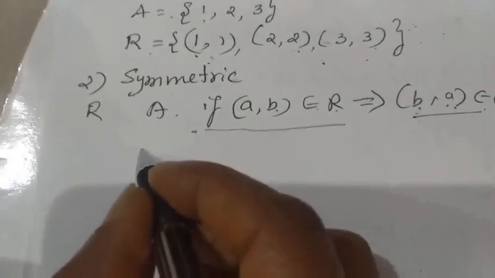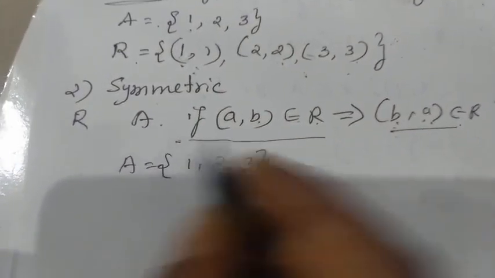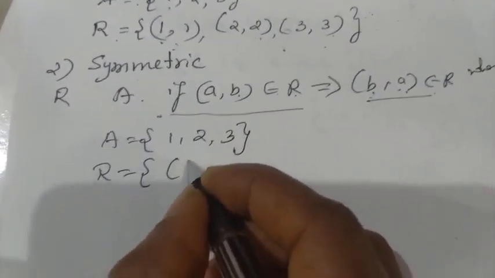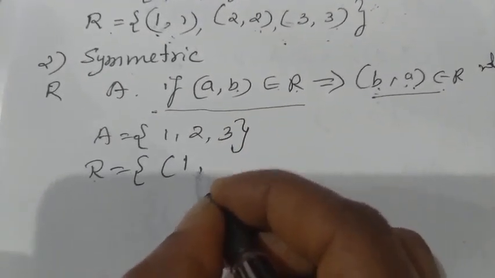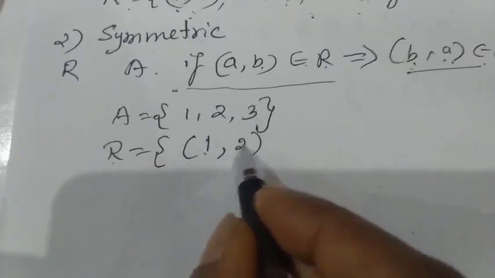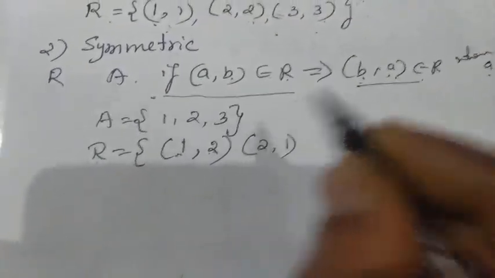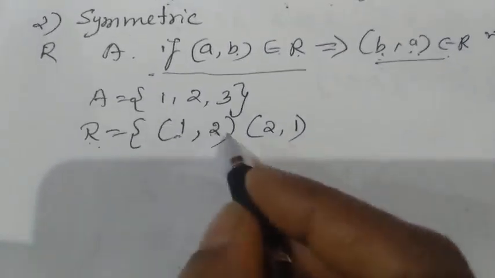Now I will give one example. A is a set like this: 1, 2, 3. Now R is equal to, suppose your relation contains the ordered pair (1, 2). (a, b) is there, then (b, a) must be included in this relation. Then only it is called symmetric.